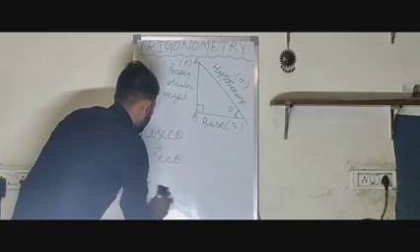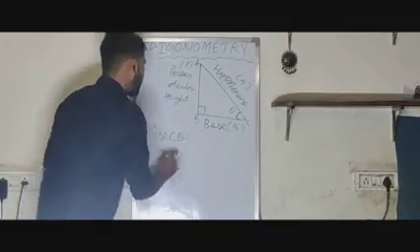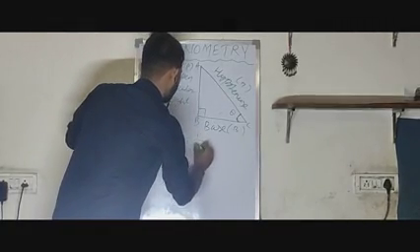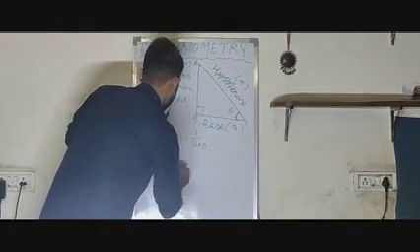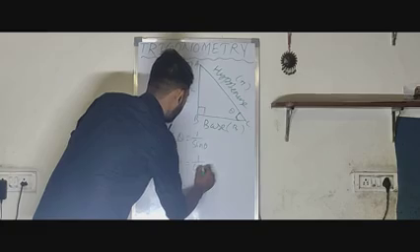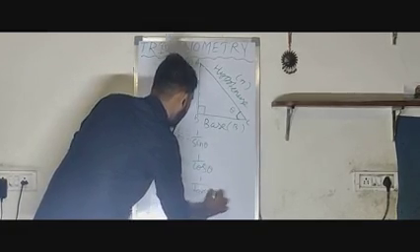Cosec theta is the reciprocal of sin theta, so cosec theta is 1 by sin theta, sec theta is 1 by cos theta, and cot theta is 1 by tan theta.